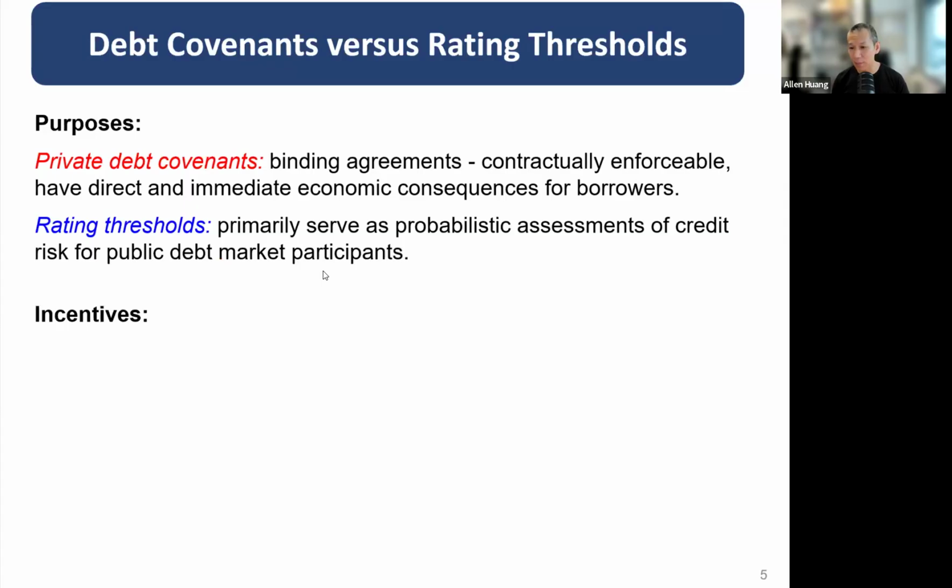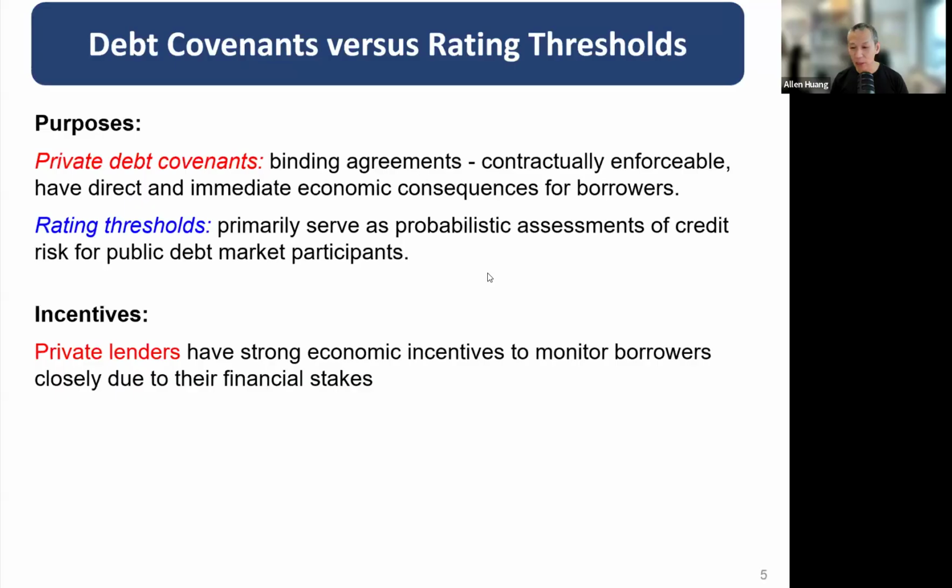As we see later on, when a firm breaches the rating thresholds, the credit rating agencies might take negative rating actions. There's a much higher chance that they take negative rating actions, but it's not even close to a default, not 100%. So it's a higher likelihood, but it's not a guarantee.